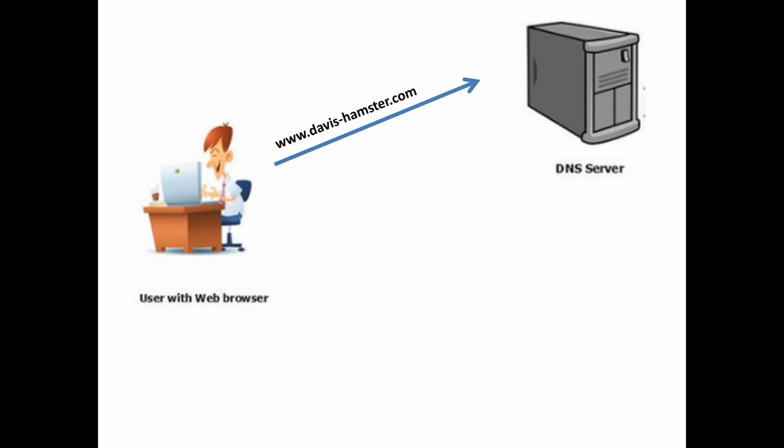The DNS server then translates the website into an IP address. It sends data to the user telling them, hey user, the IP address of the website that you are trying to access is this one, 205.25.111.6.